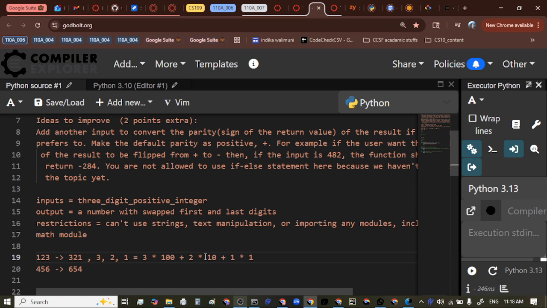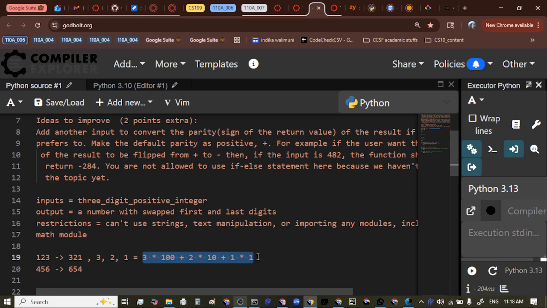These are the positions: ones position, tens position, hundreds position. So 3 in 321 is in the hundreds position, 2 is in the tens position, 1 is in the ones position. If you have these 3 digits available, then this should be our output. We can simply return this.